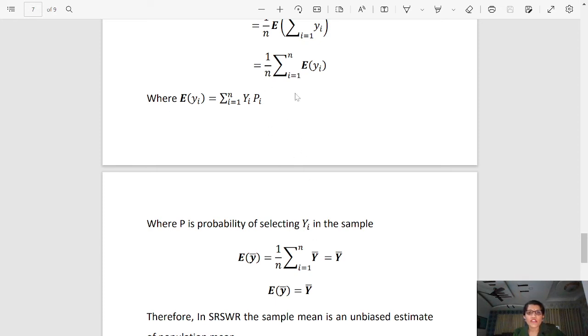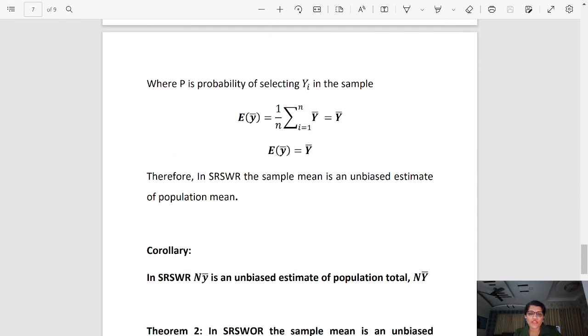The 1 upon N summation stays as it is, and this is the formula of Y bar. So N and this summation get cancelled, so we remain with Y bar. So the expected value of y bar is capital Y bar. Therefore in SRSWR the sample mean is an unbiased estimate of the population mean. So that is the proof of this result.